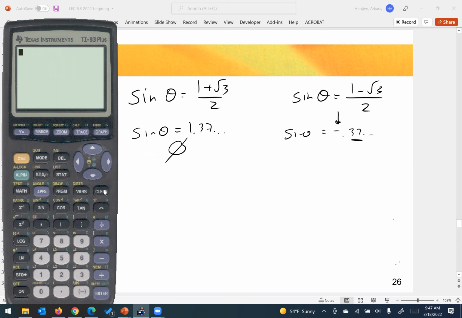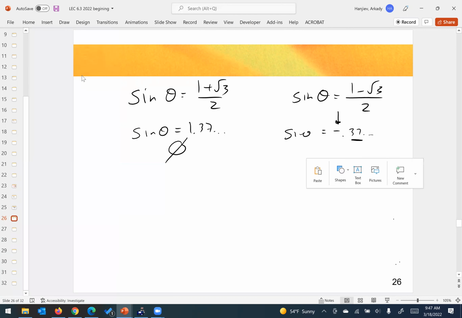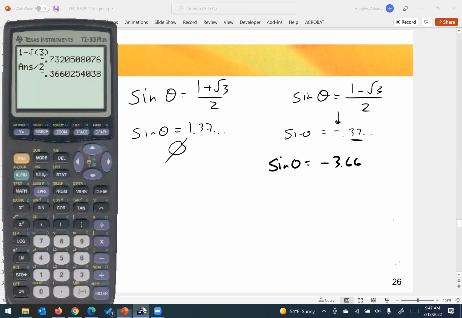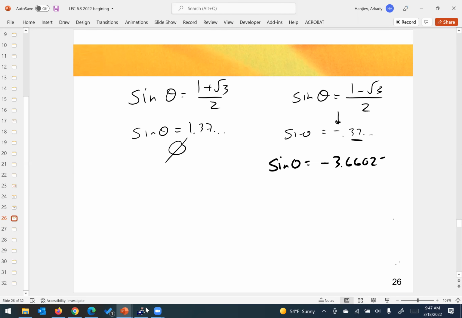So lots of work here right now. So 1 minus the square root of 3. Enter, divide by 2. I get myself a negative 0.3660254.